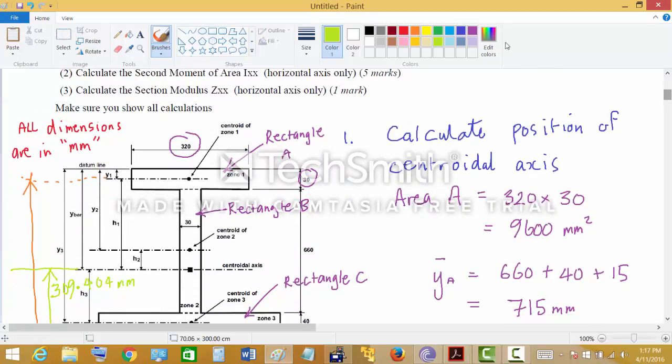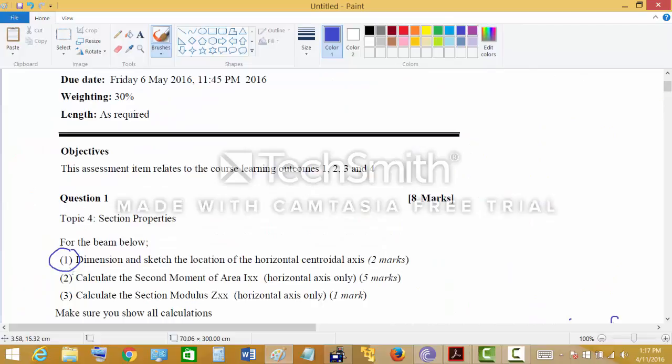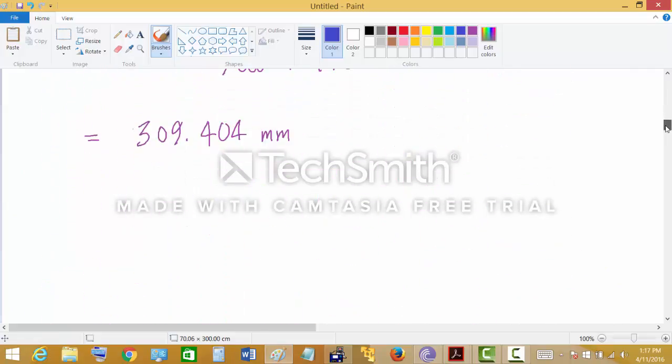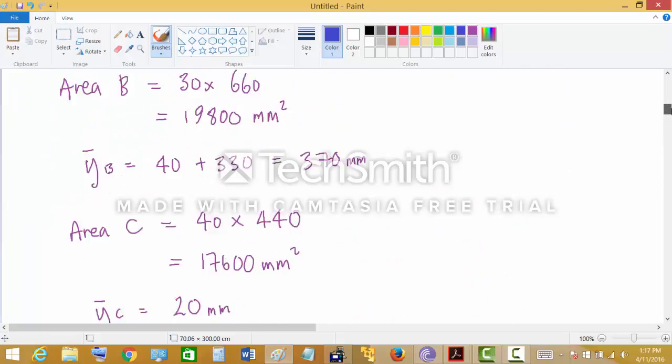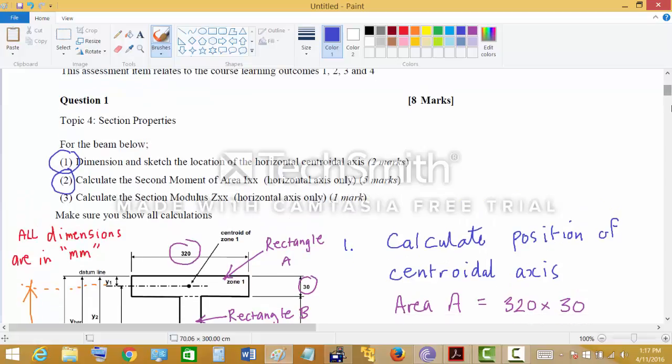And question number 2. Calculate second moment of area, because we needed to know where the centroidal axis was. Dimension and sketch the location of the central axis.